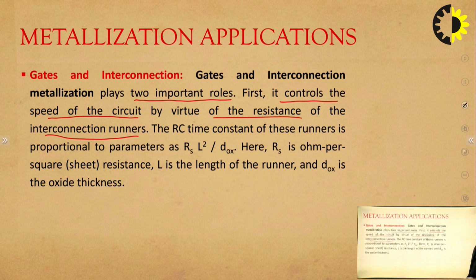Here the resistance of the interconnection runners is denoted by the sheet resistance, and the parameters that affect the speed are, number one, sheet resistance, secondly, the length of the runner, and the third one is oxide thickness.